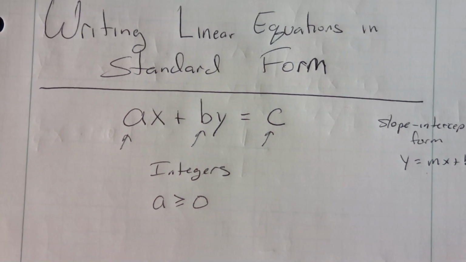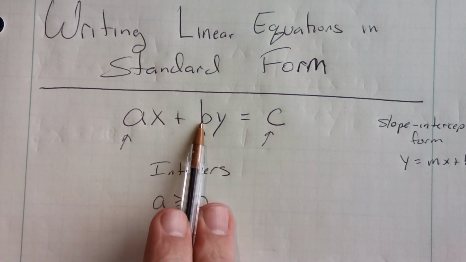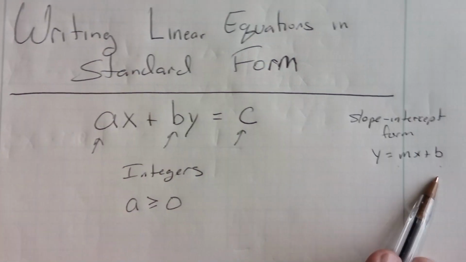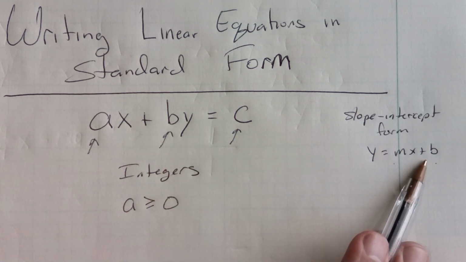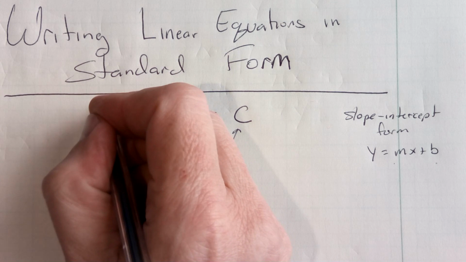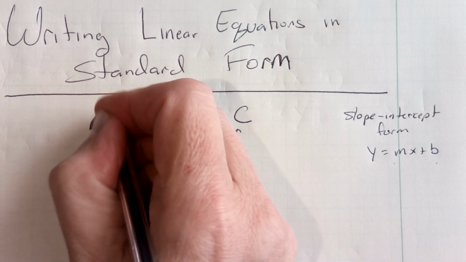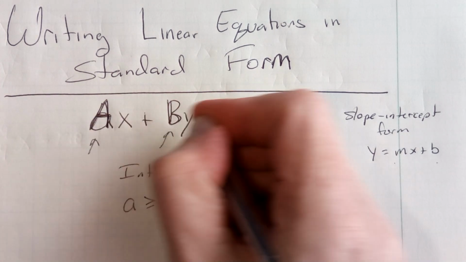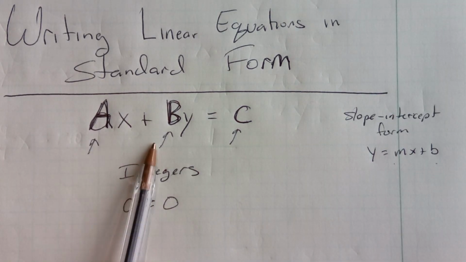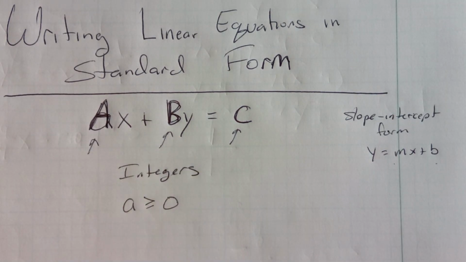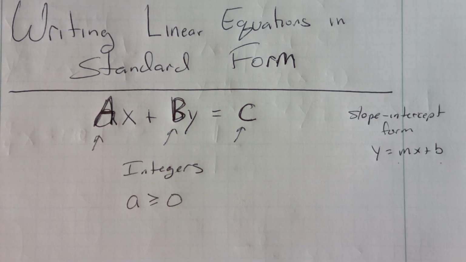Here, a, b, and c, and by the way, this b is not the same b as this, so don't confuse them. Actually, I think a lot of times they do capital letters on this. They'll go A, B, and a capital C. And usually I think the capital means that they're integers. They're not fractions, they're not decimals, they will always be integers.